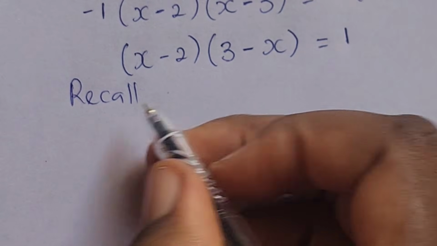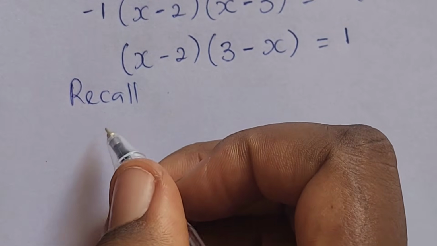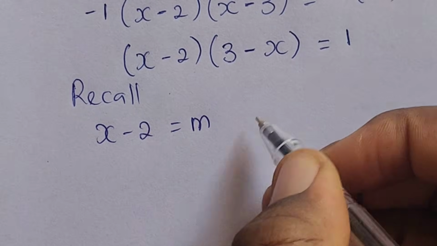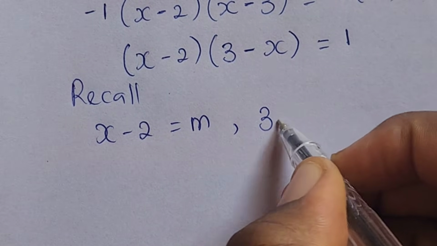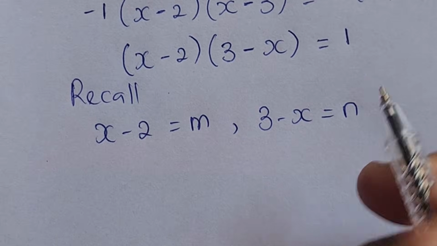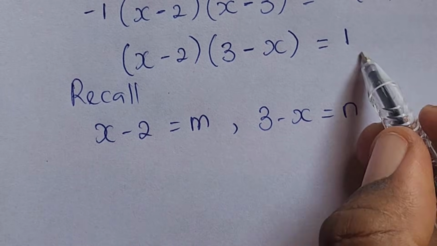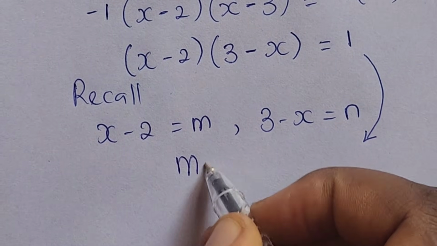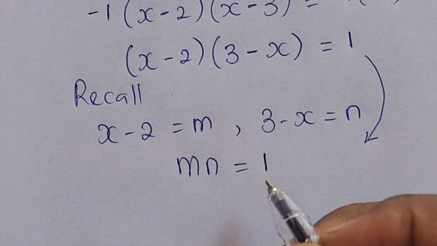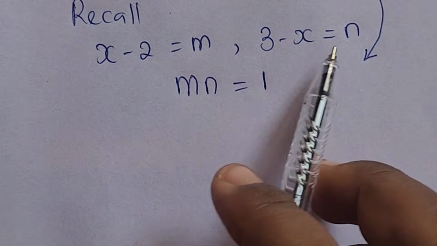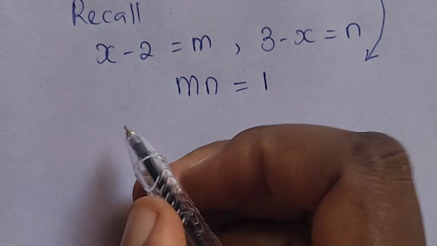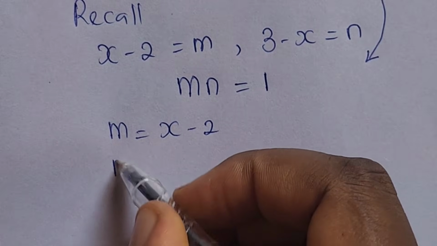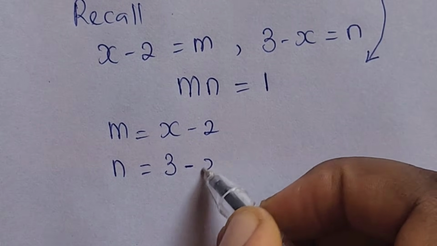Let's recall from the beginning of the problem, we named x minus 2 to be equal to m, and 3 minus x to be equal to n. So we have mn equal to 1. Then m is equal to x minus 2 and n is equal to 3 minus x.